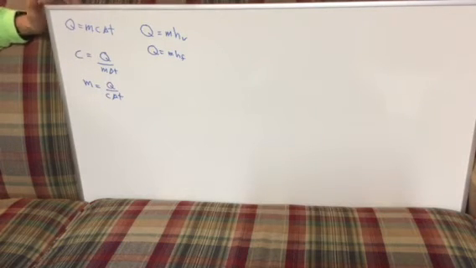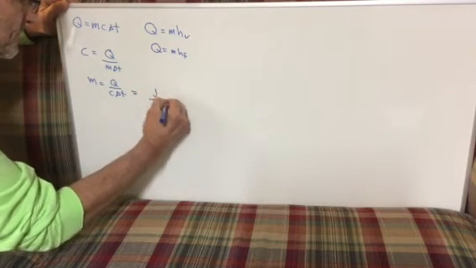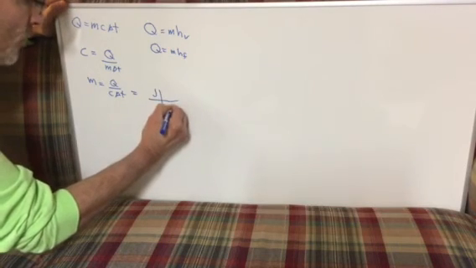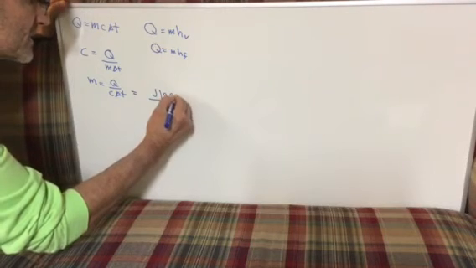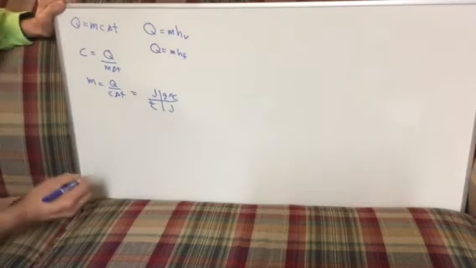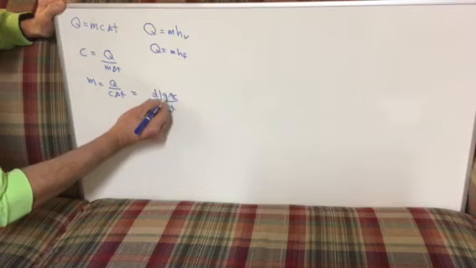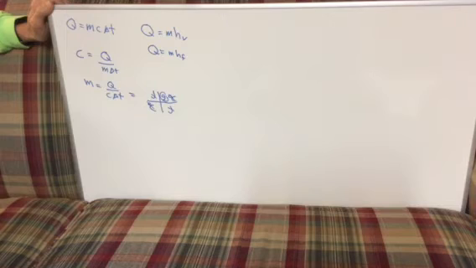For example, let's say you're trying to find the mass, and you're given a value of heat, which is in joules, and then C is always joules per gram degrees Celsius, and of course delta T is always degrees Celsius. Celsius cancels, joules cancel, and you're left with grams, which of course is the unit you want for mass.